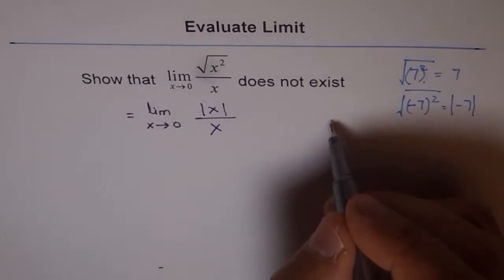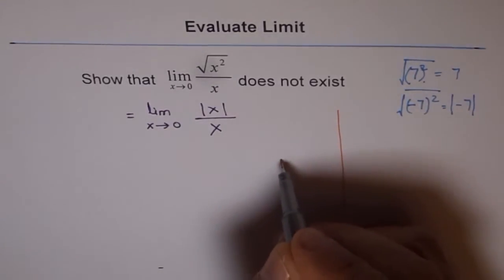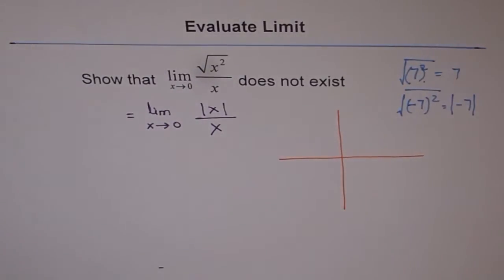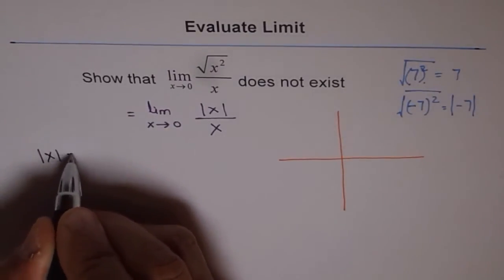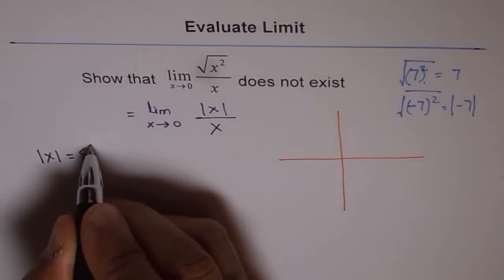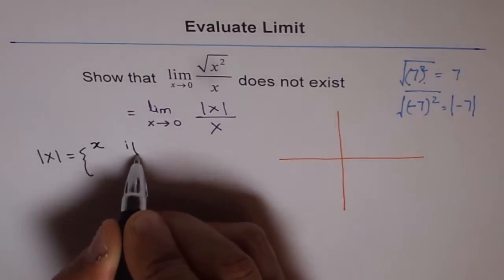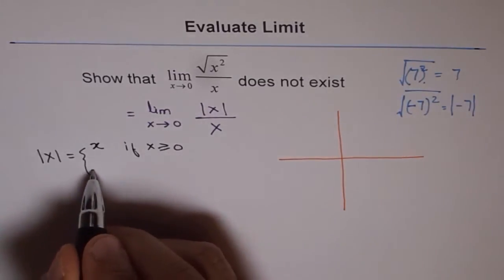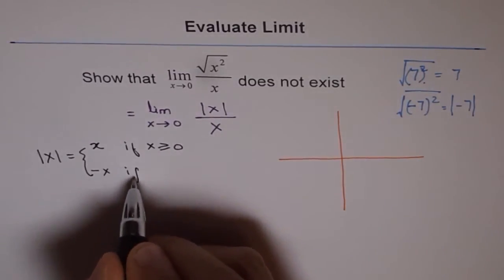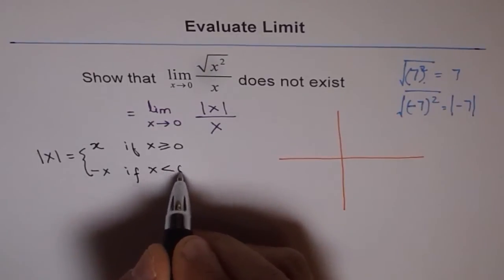Why? If you graph this function, what do you get? What is absolute x? Absolute x is defined like this. Absolute x is equal to positive x if x is greater than or equal to 0. But it is negative of x if x is less than 0.